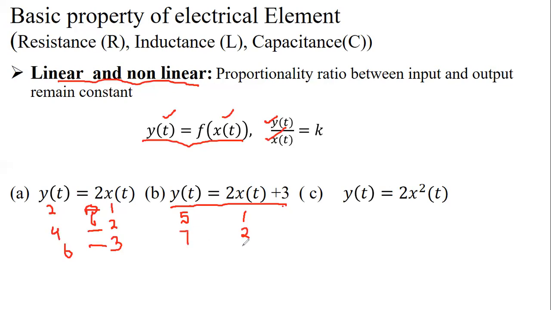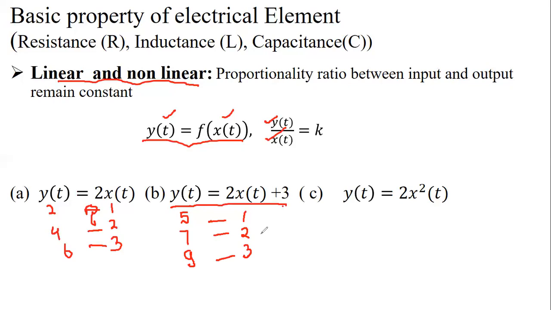If x(t) equal to 3, then y(t) becomes 3 twos are 6, plus 3, 9. So the input-output relation here is not governed by a constant. So this equation is a non-linear equation, and the element governed by this equation is also a non-linear element.